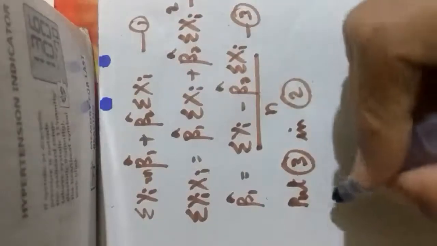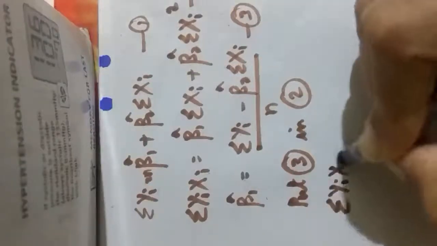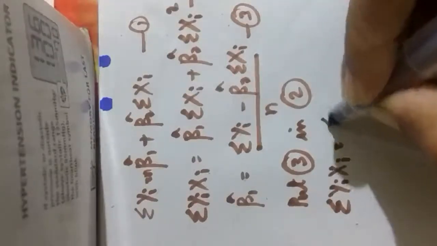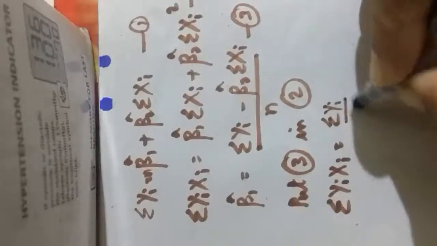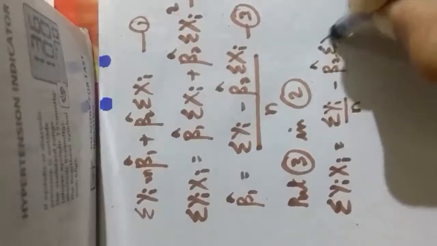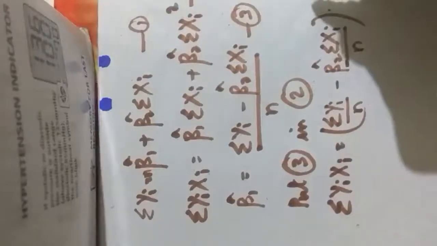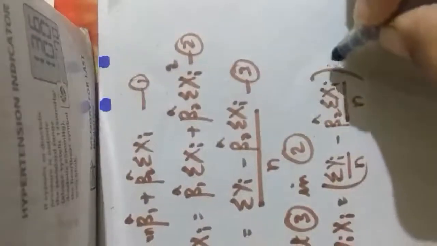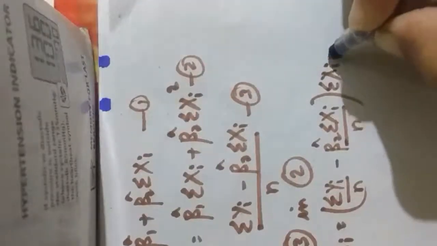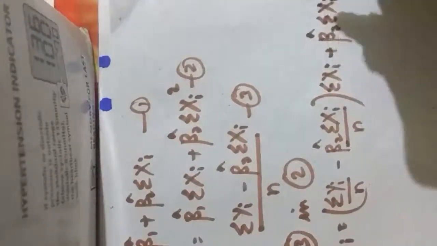So what I get is summation yi xi is equal to summation yi by n minus beta 2 hat summation xi by n, times summation xi, plus beta 2 hat summation xi square.